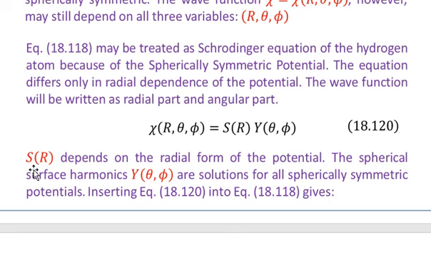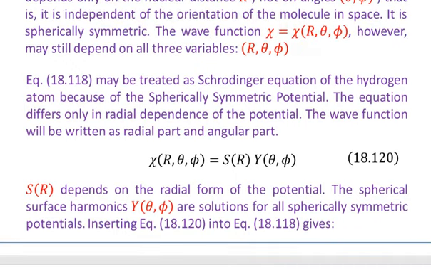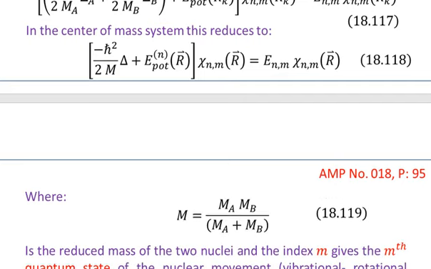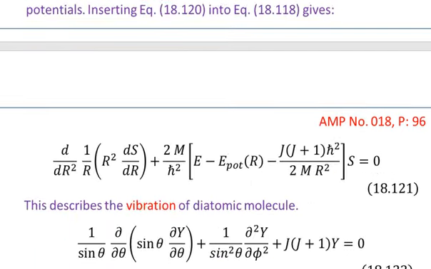S of R depends on the radial form of the potential. The spherical surface harmonics Y of theta and phi are the solutions for all spherically symmetric potentials. Inserting equation number 120 into equation number 118, I obtain the following equations.